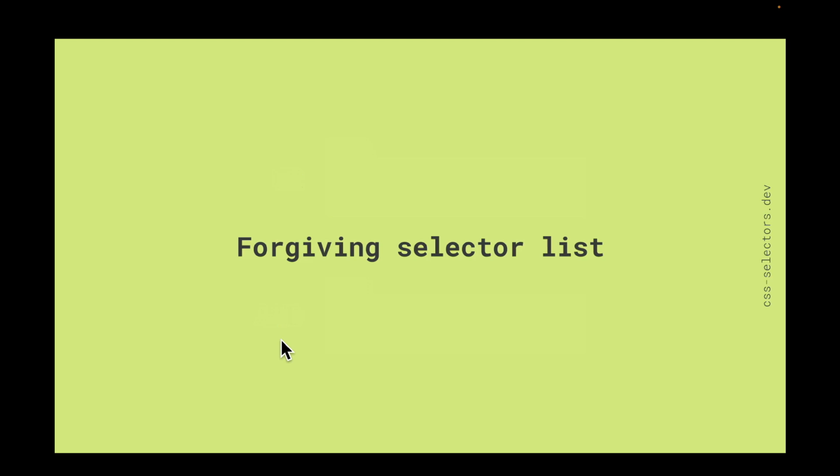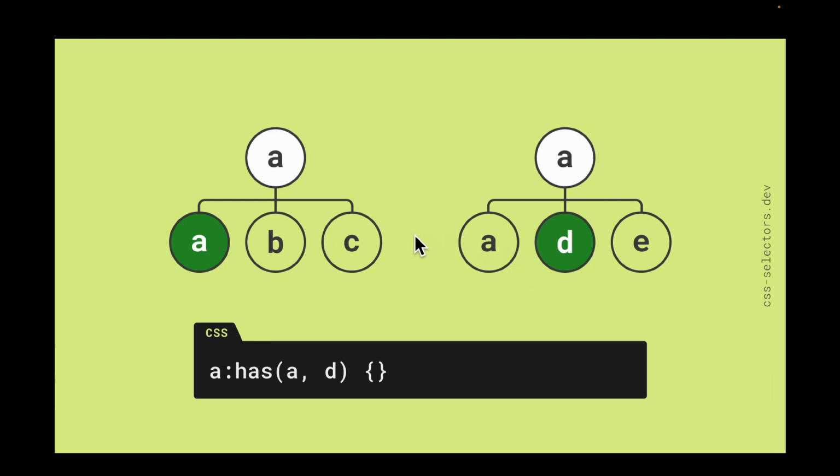Now, let's talk about the forgiving selector list. Just like the not pseudo-class we learned in the last video, the has pseudo-class itself does not provide a forgiving selector list, but it can handle it. So let's revisit what I mean by that. Let's say we have these two tree structures. This selector with this has pseudo-class will select this parent A element.